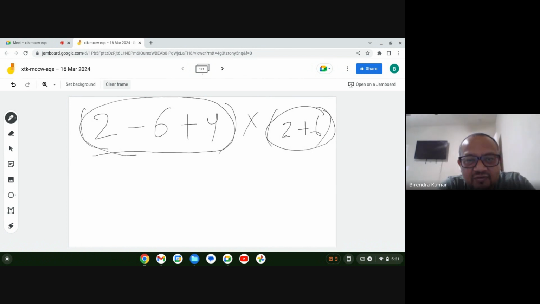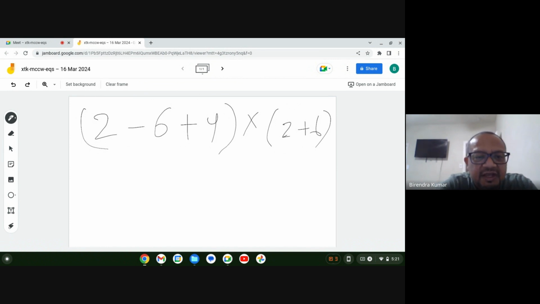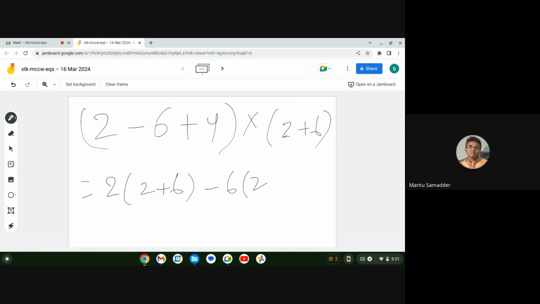So if I had 6 plus 4 multiplied by this, as Mitra also confirmed, I will find out the value of this multiplied with this. Or second thing is, I will say, fine, I don't like doing bigger maths, I will deal with the smaller things. I can break it down and say this equals 2 into 2 plus 6, then pick up the next number, minus 6 into 2 plus 6.